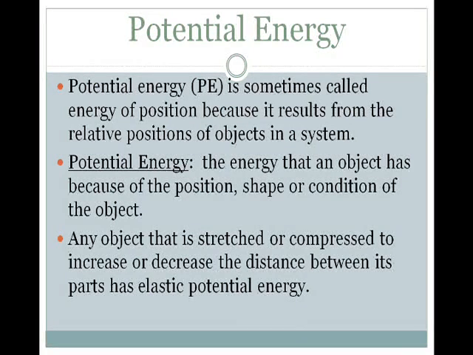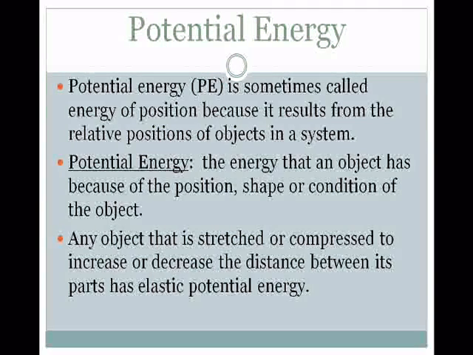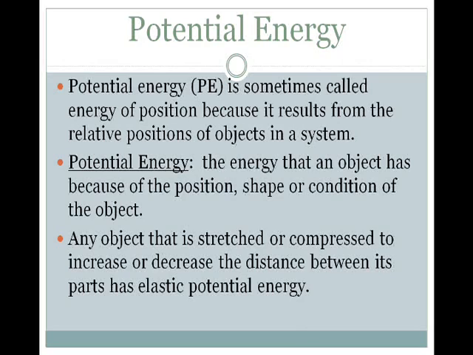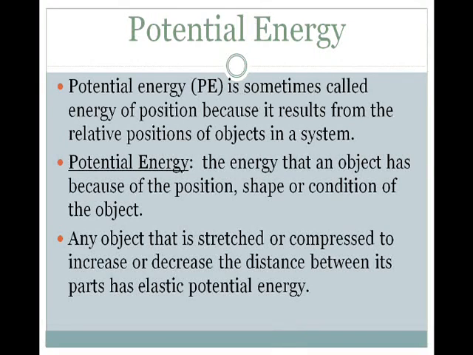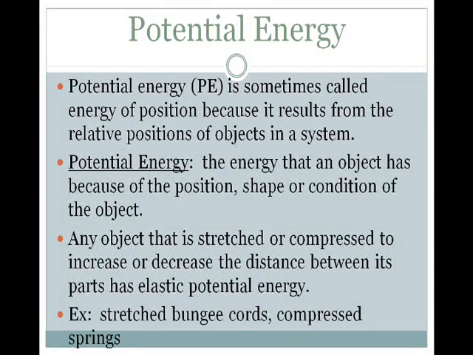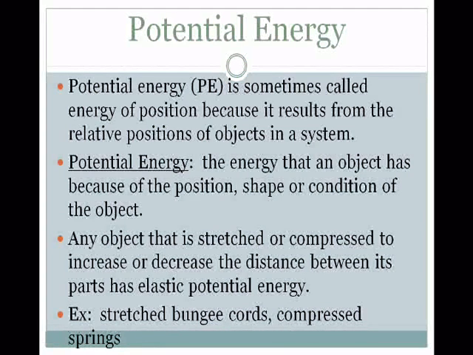And any object that is stretched or compressed to increase or decrease the distance between its parts has elastic potential energy. So an example of that would be a rubber band. When you stretch it out, to increase the distance between its parts, then it has more elastic potential energy. And so another example would be bungee cords.